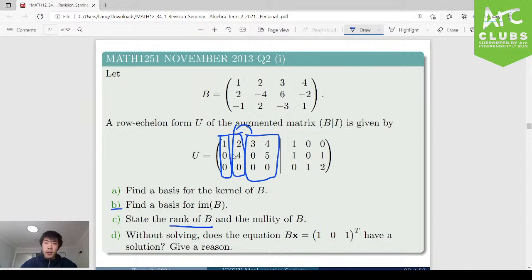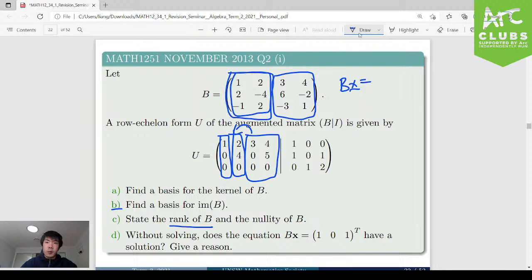And so the only two columns that matter would be the first two columns, because these two vectors here don't really contribute to what vectors you can obtain through this transformation B. Anything that these two vectors do can be expressed as a linear combination of the first two vectors, okay?